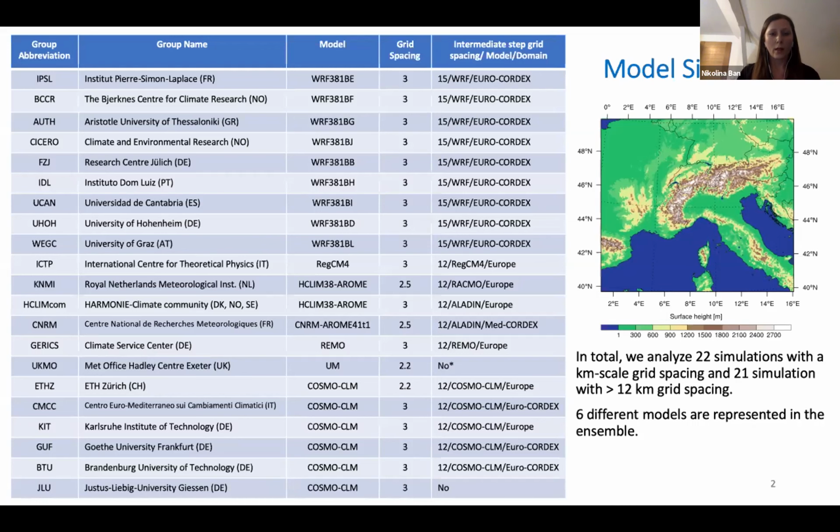In this group of simulations, we have 6 different regional climate models, and we conduct these simulations for a 10-year long period, from 2000 to 2009, and all these simulations are driven by ERA-Interim reanalysis.